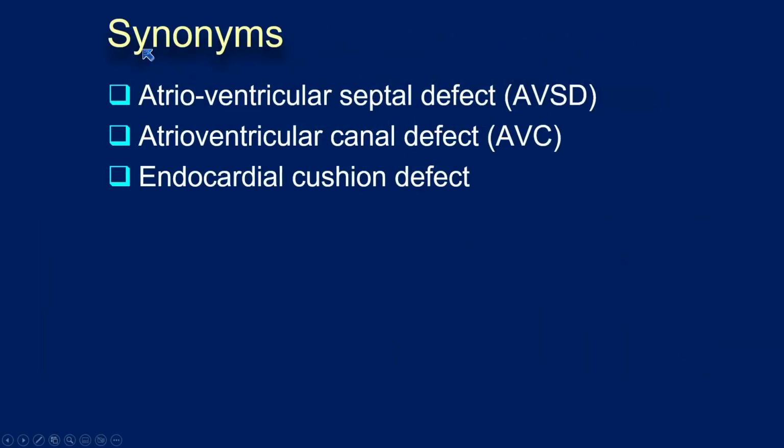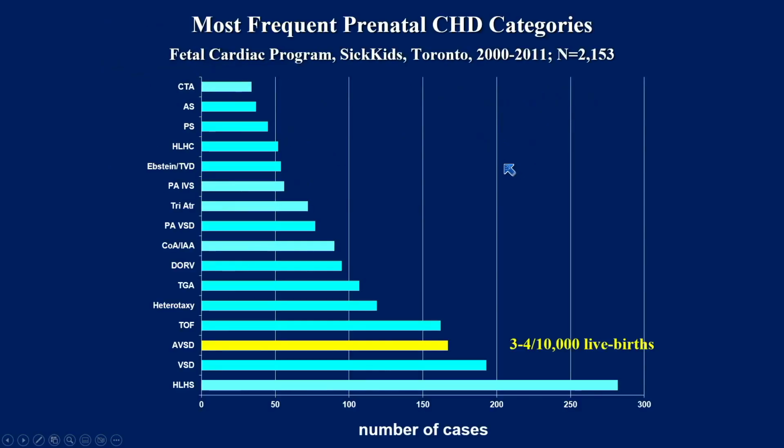I would like to remind you that there are synonyms used when we talk about AV septal defects. Some people talk about AV canal defect or endocardial cushion defect. It's the same. It's a common abnormality. 5% of all structural heart diseases are AVSDs in all variants.